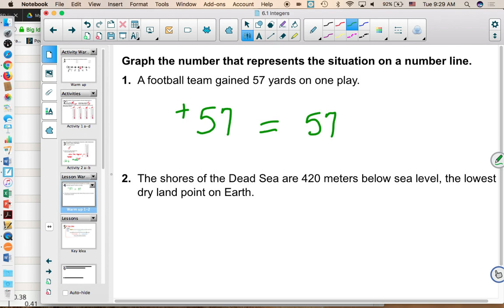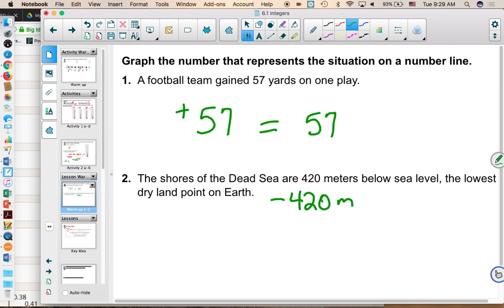How do I write the number 420 below sea level? Any idea? Okay. If you would do me a favor and get your pencil, take notes. Ben, what do I write? Negative 420. Good.